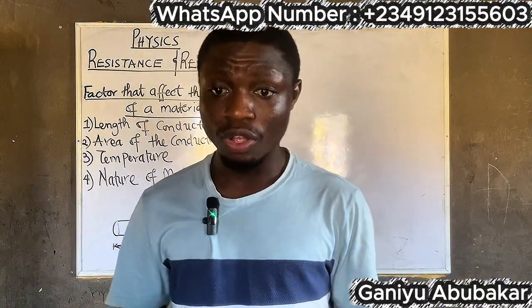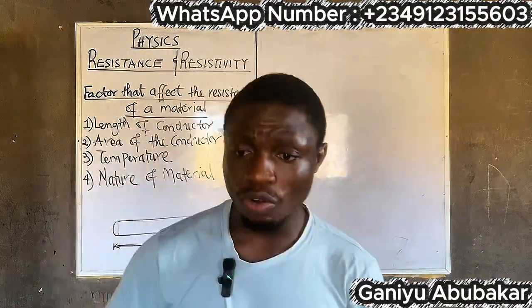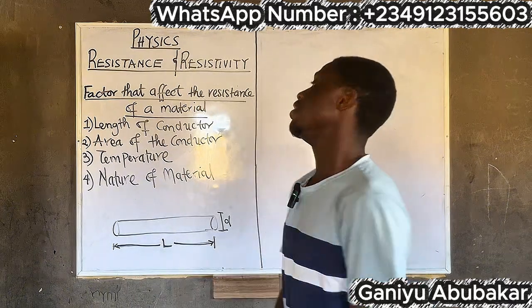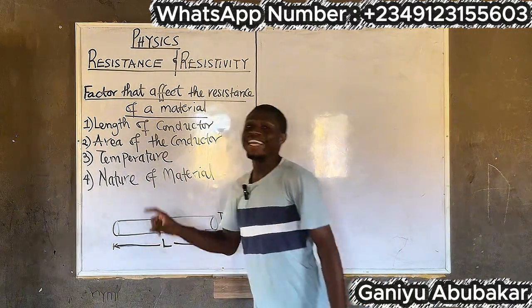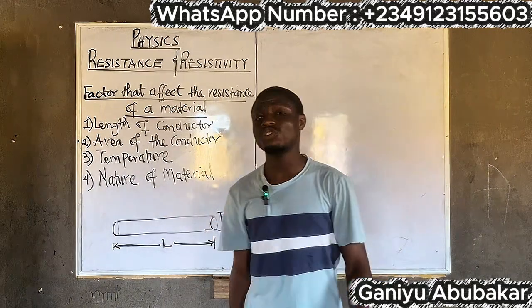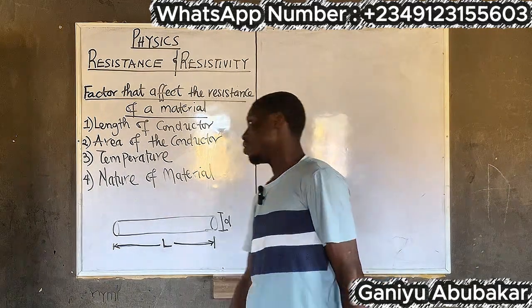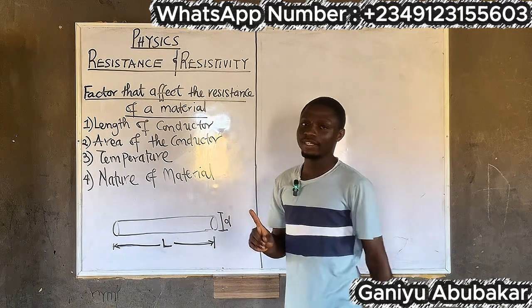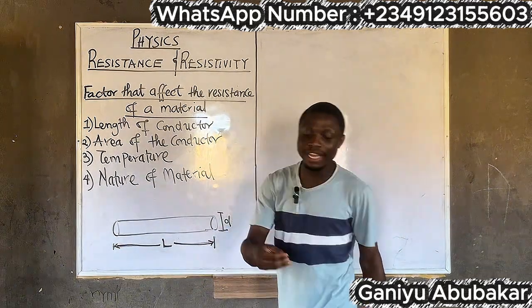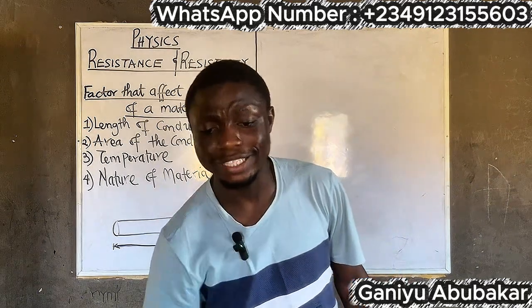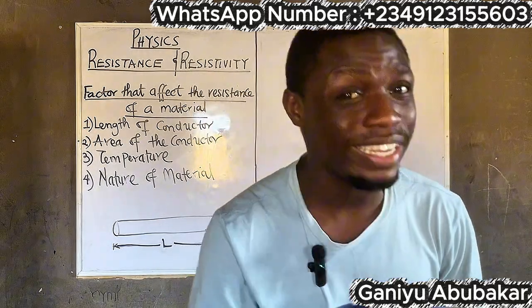It's simple. The more the length, the more the resistance. So if we need more resistance, we need to increase the length of that conductor. That's all, so number one is explained. The more the length of a conductor, the more the resistance.